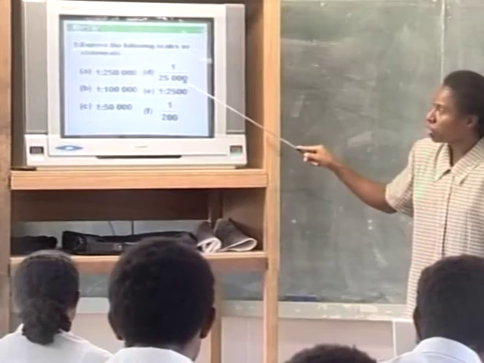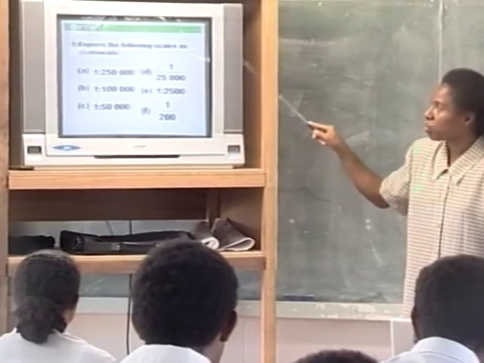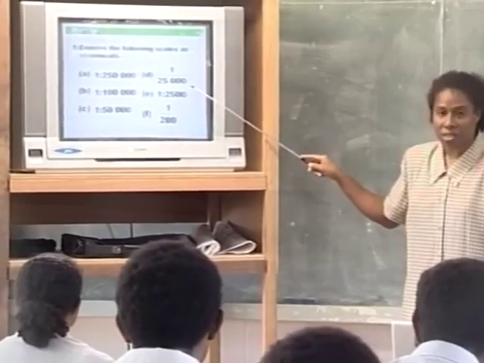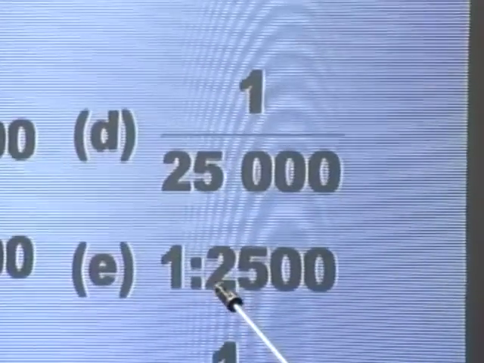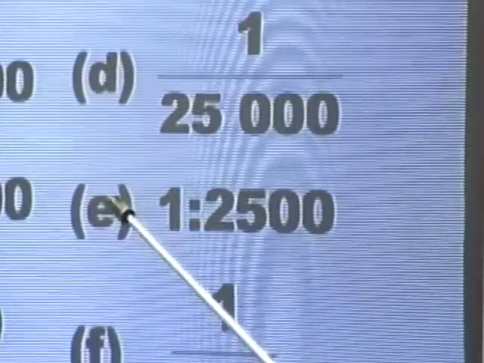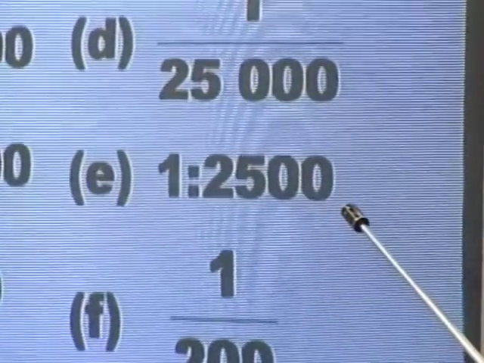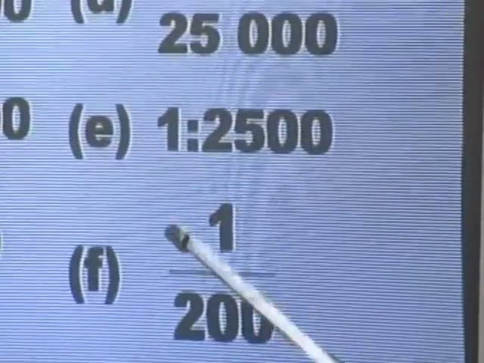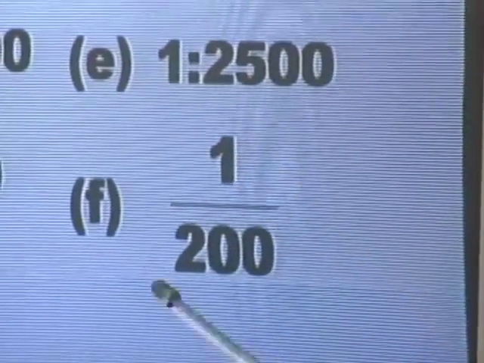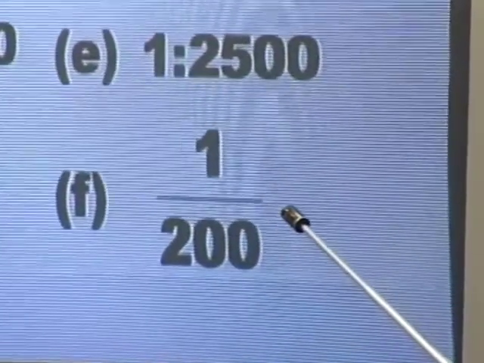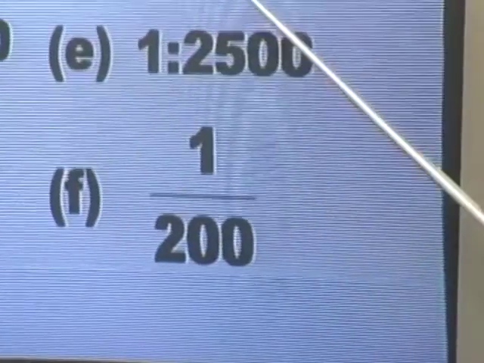Or 1 over 25,000 is the same as 1 centimeter over 25,000 centimeters. 1 is to 2,500, 1 centimeter is equivalent to 2,500 centimeters. And finally, 1 over 200, 1 centimeter is equivalent to 200 centimeters. That's using the same units.